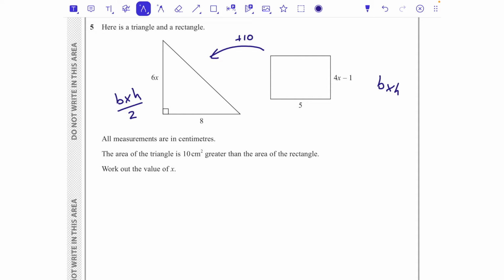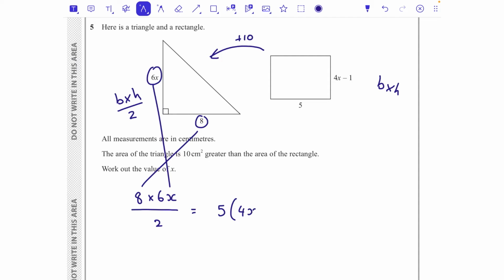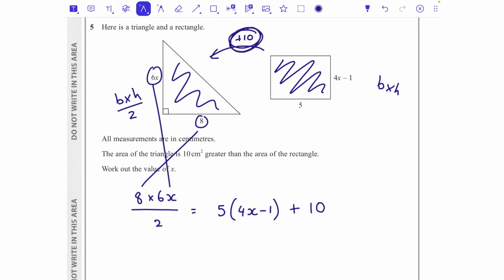So I know that 8 times 6x divided by 2 is equal to 5 lots of 4x minus 1, add an extra 10. Because we know that this area has to have 10 added to it in order to be this area.